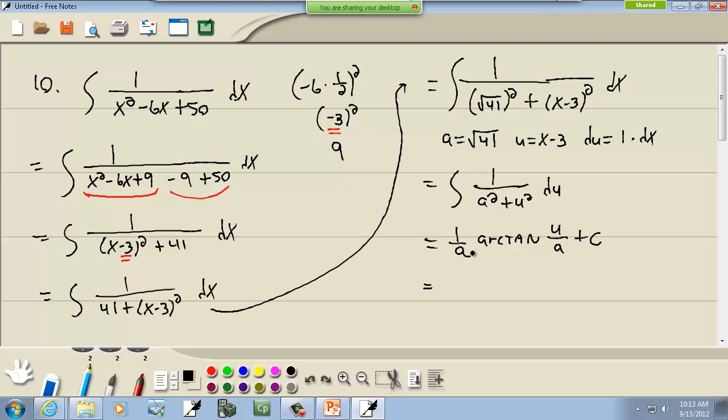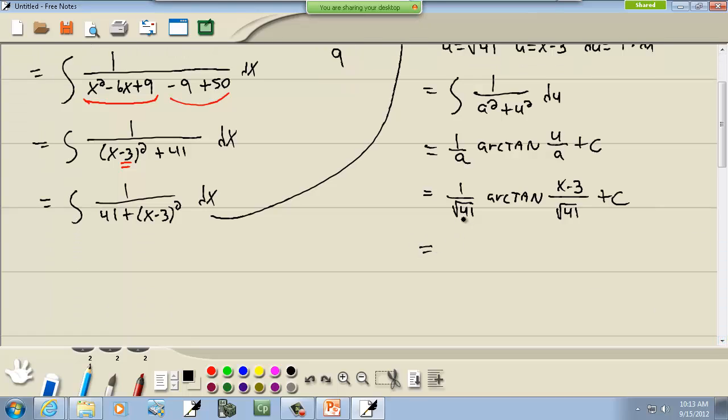Well, a we said was square root of 41, so I have 1 over square root of 41 arctangent. U we said was x minus 3, and a is square root of 41, then plus c.